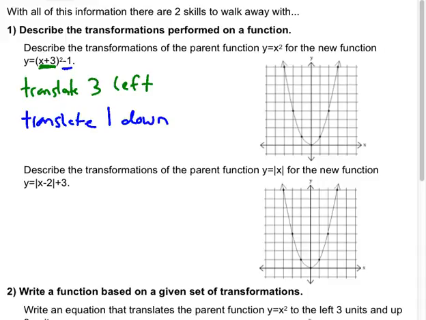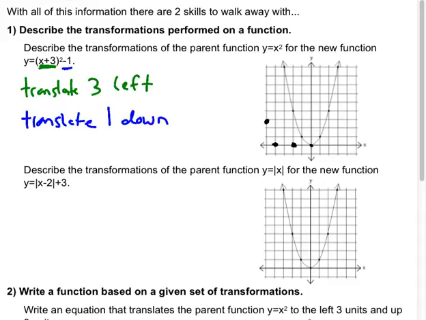So what that would look like is taking every one of the points on that graph, translating it 3 left, 1 down. So I took that point, moved it there. Let's move this point. 3 left, 1 down. Let's focus on this point. 3 left, 1 down.